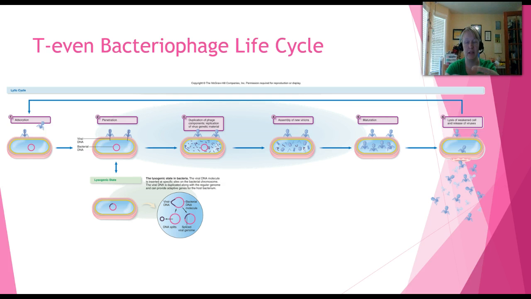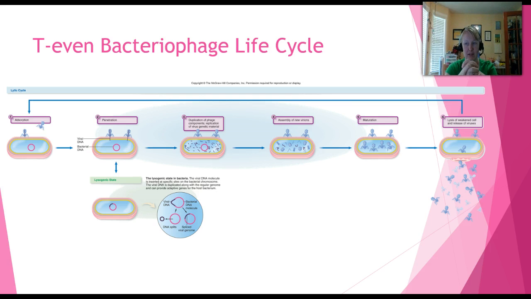Then new proteins and new copies of the viral genetic information are made, and these are reassembled within the cell. Then the lysis of the cell occurs, and the bacteriophages escape from this cell to go on and infect more bacteria. So it's really similar to what we've been talking about with the steps of the lytic cycle.